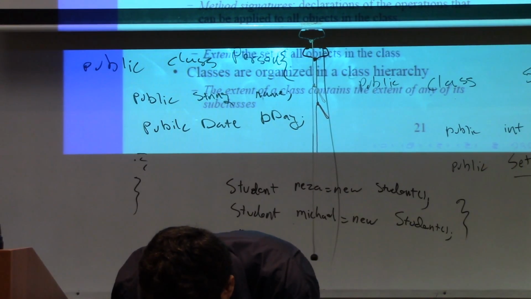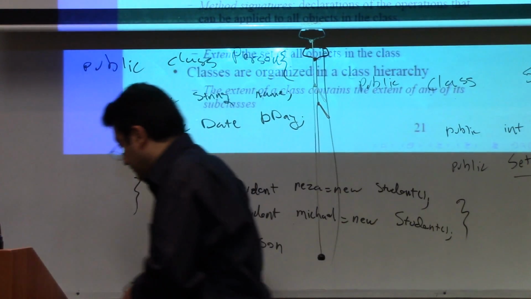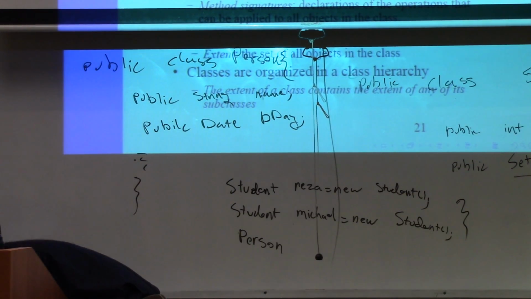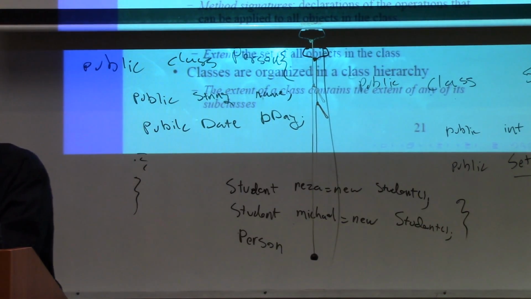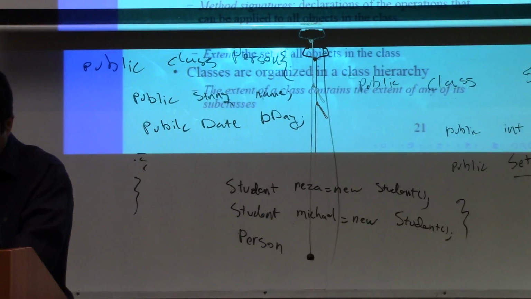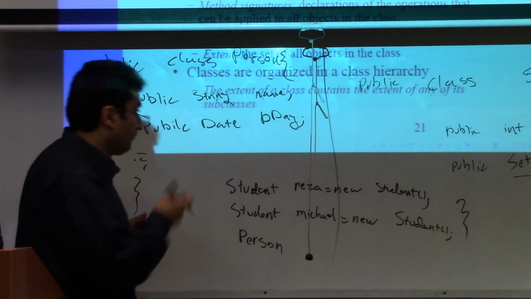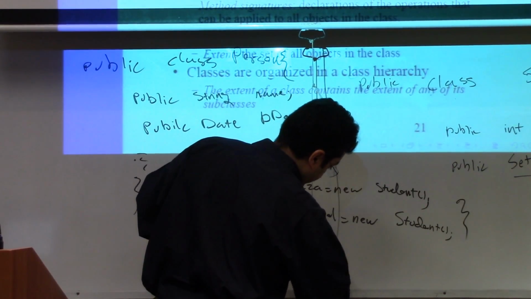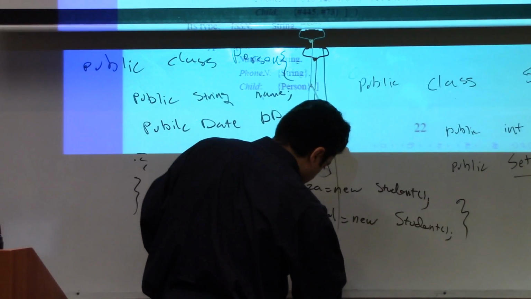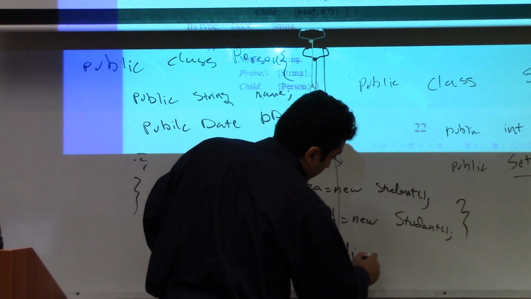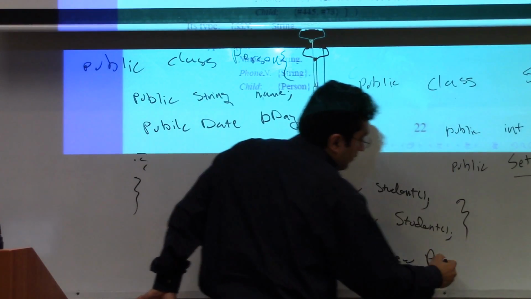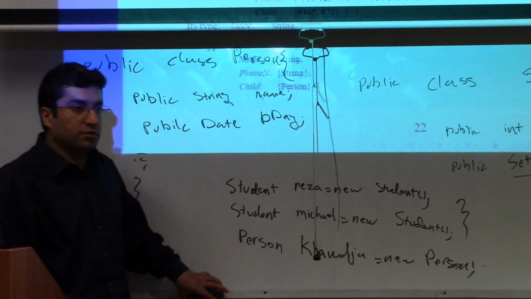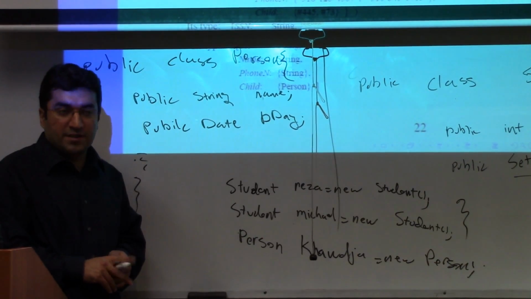Okay, if I instantiate two students and one person, what is the extent of class student? What is the extent of class student?